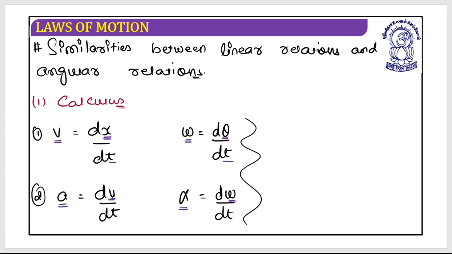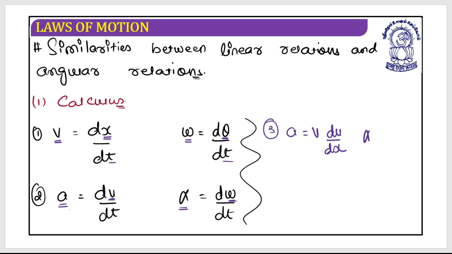So this is how they are just a replica of each other. When I have a linear world, I can have acceleration equal to dv by dt. But at the same time, when I have the angular world, I can have alpha equal to d omega by dt. One more relation: a is equal to v dv by dx.